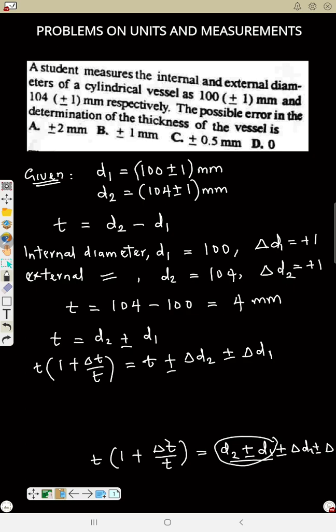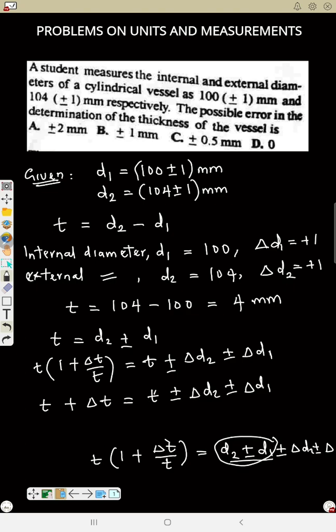So now we can take this t to the other side, so we can expand. If we expand here, we'll get t plus, as in t times 1, t plus delta t is equals to t plus or minus delta d2 plus or minus delta d1.